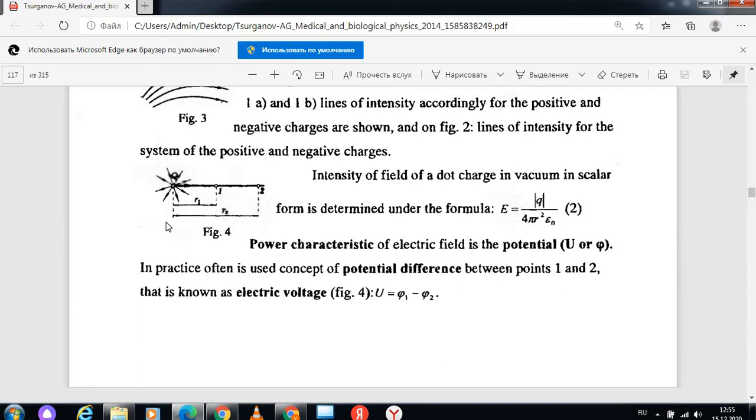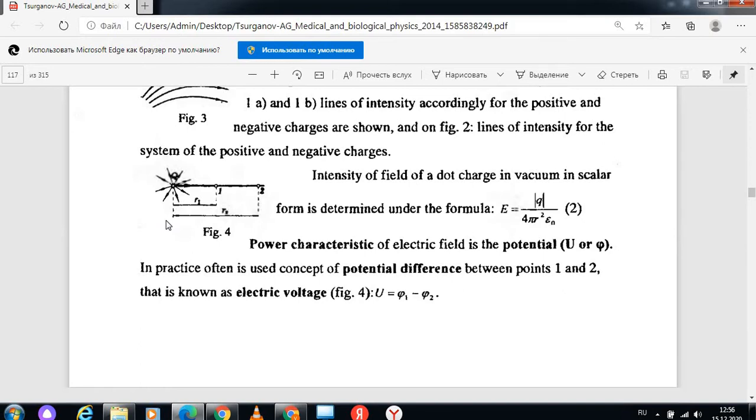The distance is in the denominator with the power of 2. So if the distance between two point charges is doubled, their intensity will be lower by 4 times, because we have r squared in the denominator.